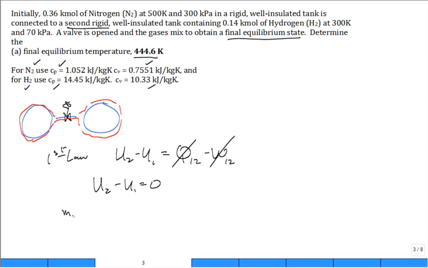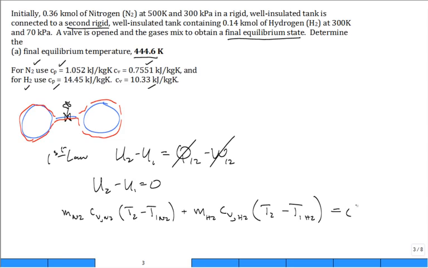I'll have the mass of the nitrogen, the specific heat, constant volume of the nitrogen, the final temperature minus the initial temperature of the nitrogen, plus the mass of the hydrogen, specific heat, constant volume of the hydrogen, final temperature minus the initial temperature of the hydrogen equal to 0. Only one unknown. T2 is the same. They get to the same equilibrium temperature. So, how do I calculate the mass of the nitrogen?